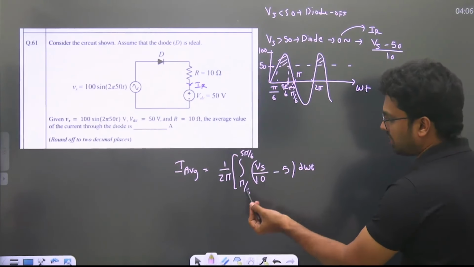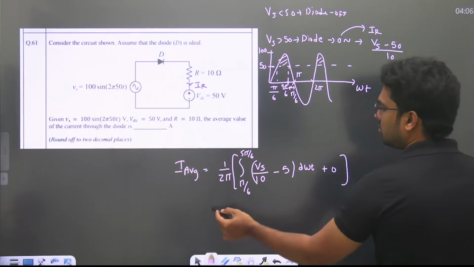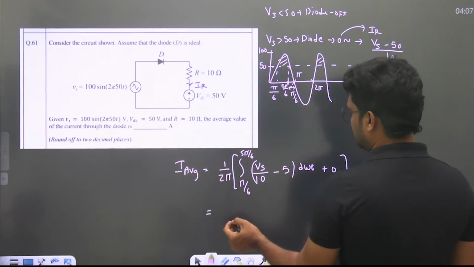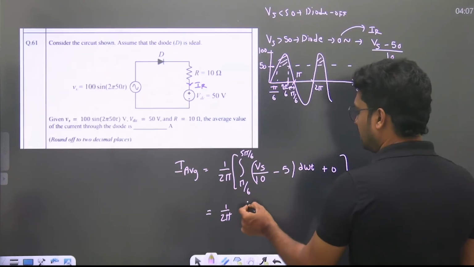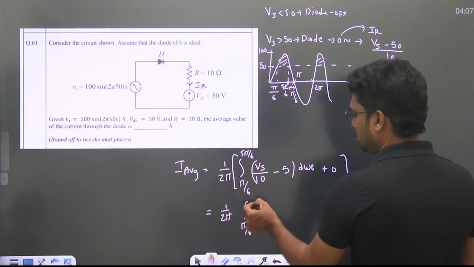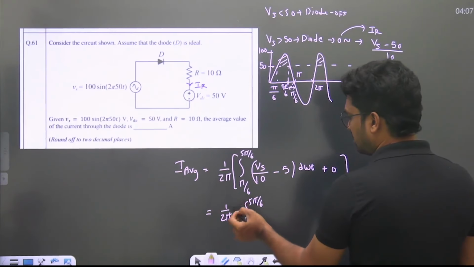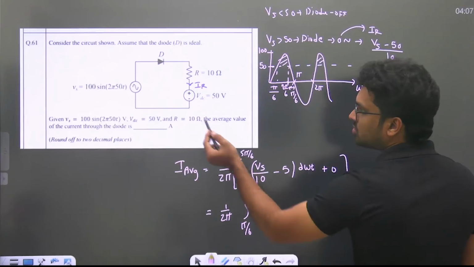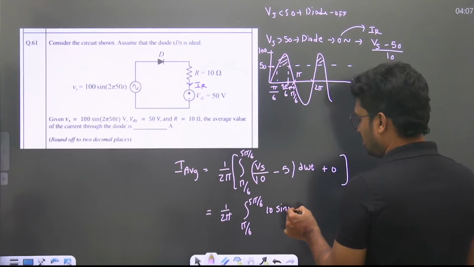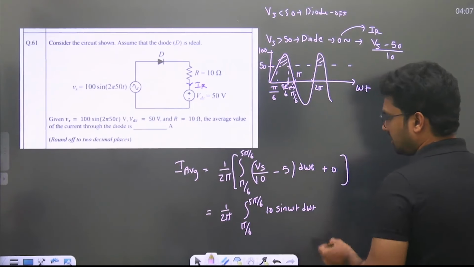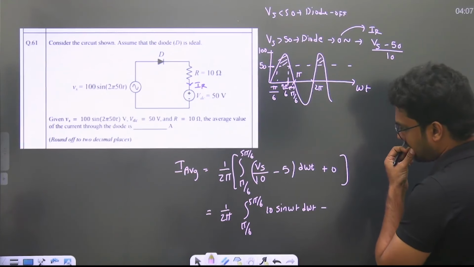I am taking it in that format, sin theta d theta, plus for the remaining time, what, 0. So it will be like this: 1 by 2 pi, integration from pi by 6 to 5 pi by 6. You can take 1 by 10 to the other side also. Otherwise, Vs is how much? 100. 100 by 10 is 10 sin omega t d omega t, minus what is the integration of constant?